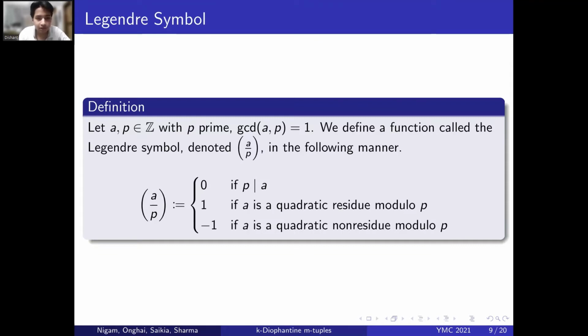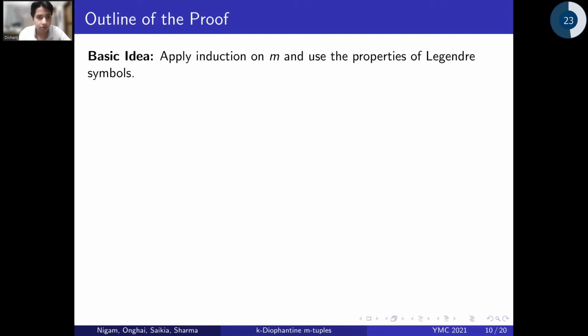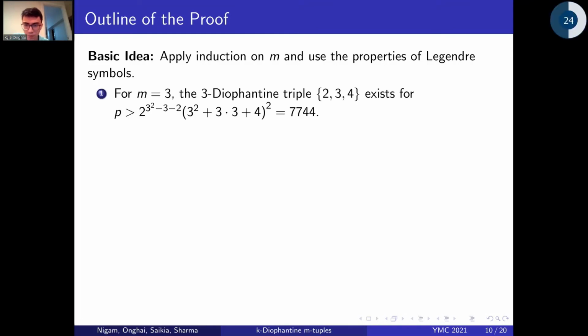Now my friend Kyle is going to talk about the proof. Thank you. The basic idea of the proof is an induction on m, and it relies on this Legendre symbol. For the base case m equals 3, the 3-Diophantine triple 2, 3, 4 exists for p greater than this bound.